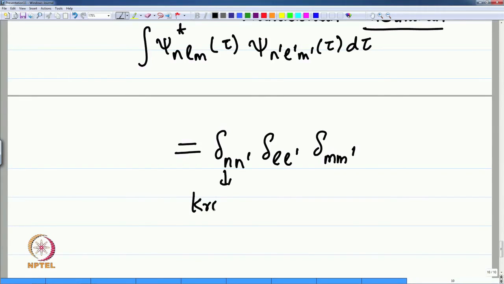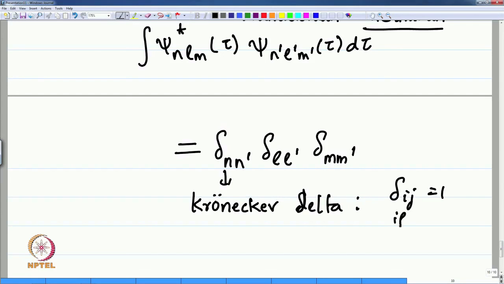This is the Kronecker delta, meaning delta ij is 1 if i is equal to j, delta ij is 0 if i is not equal to j.